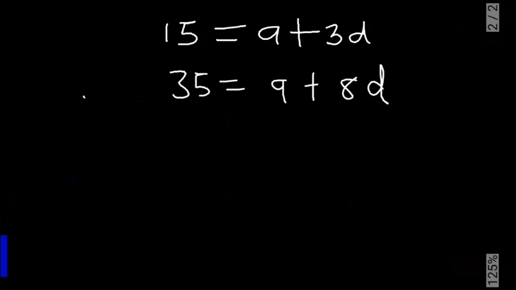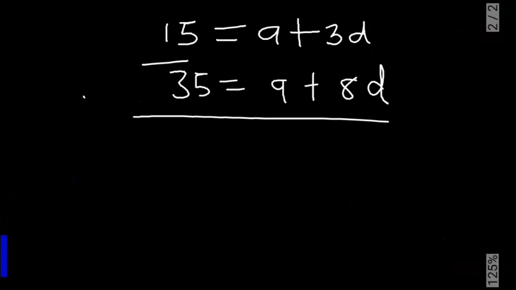If you don't know how to solve simultaneous equations, there's a link to that in the description below, or you can just follow as I solve. Let us use the elimination method. Here we have the two unknowns a and d, and we see that a has the same coefficient, so we can just subtract straight away.